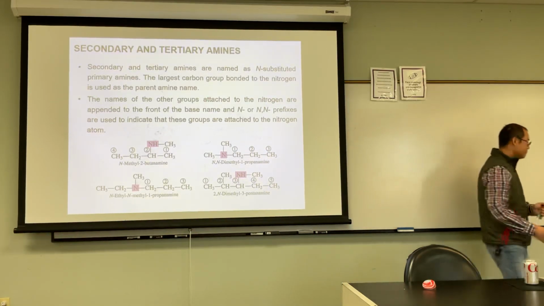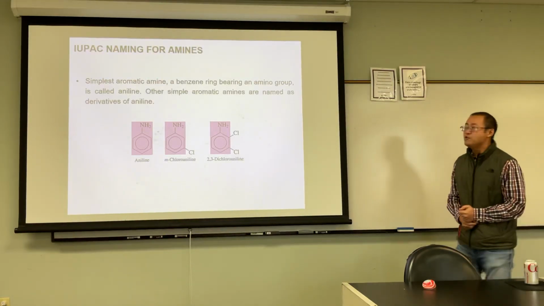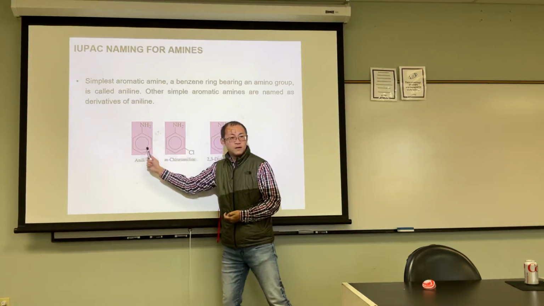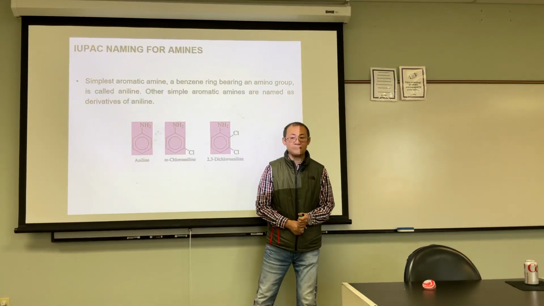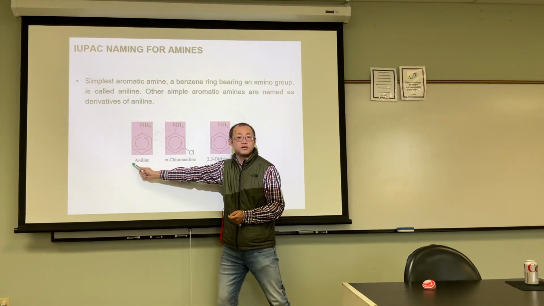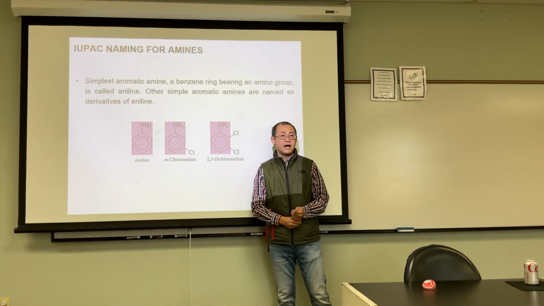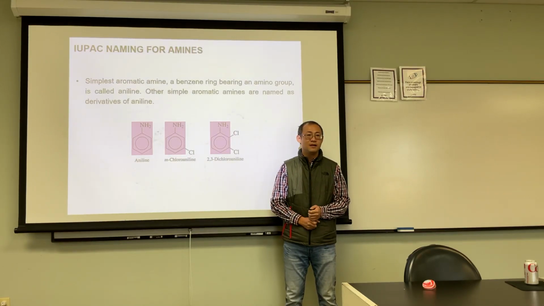Good? And finally, when you have an NH2 attached to the benzene ring, you guys have seen the structure in chapter 2, right? It becomes a new parent name called aniline, A-N-I-L-I-N-E.